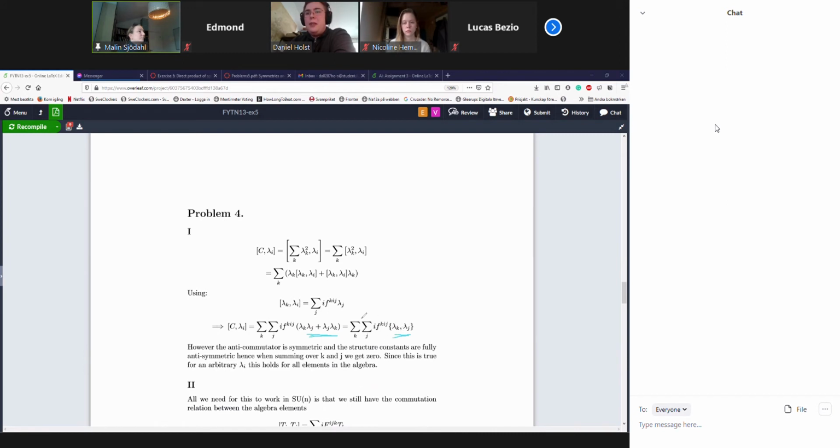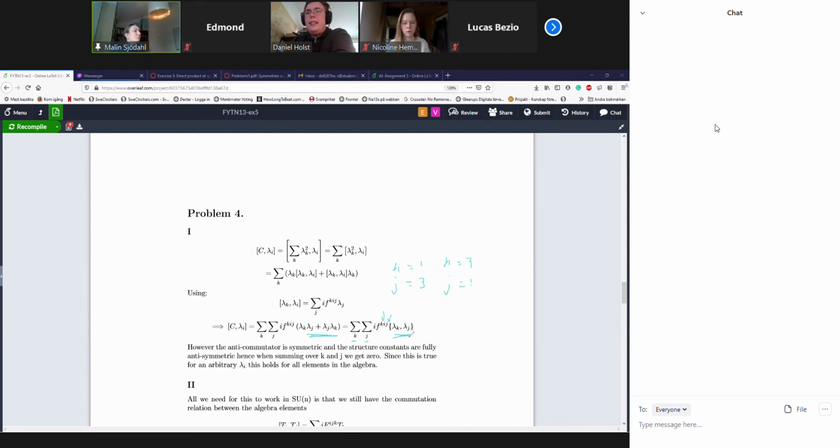So we end up with this expression, but then we see here that we sum over k and we sum over j. And here we have k and here we have j. And then we can use the fact that this structure constant is anti-symmetric in all its indices. So when we sum over this, maybe one time we will get k equal to 1, and then another time we will get k equal to 3, and then the other way around we will get k equal to 3, j equal to 1.